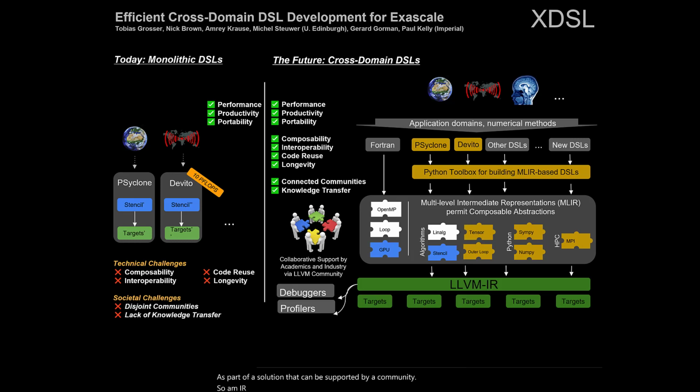So MLIR is the multi-level intermediate representation. It comes from the people who brought you the LLVM compiler. And it's a way of capturing higher level representations or domain-specific semantics, so you can use it either to represent problem-side DSLs, or you can also use it to represent how your code has to look if it's going to run on a GPU, for example.